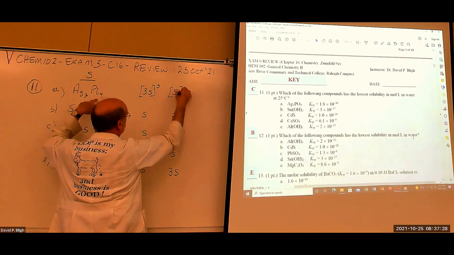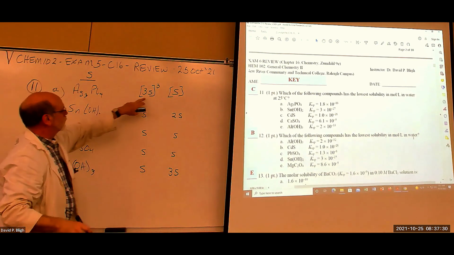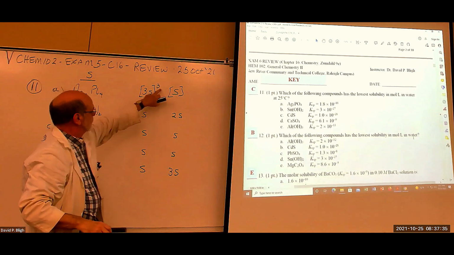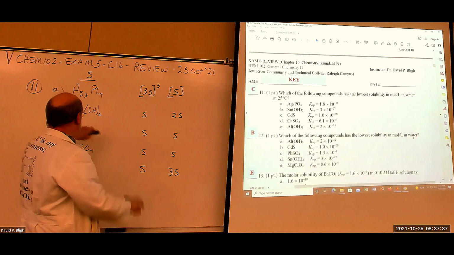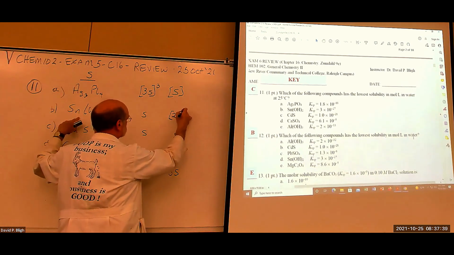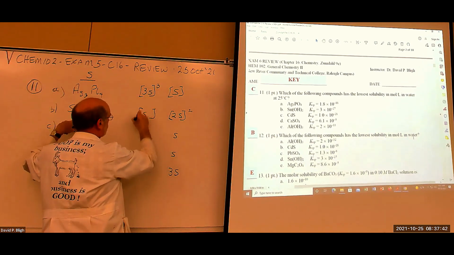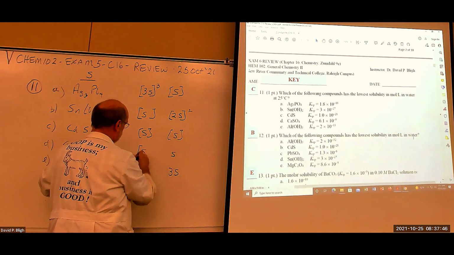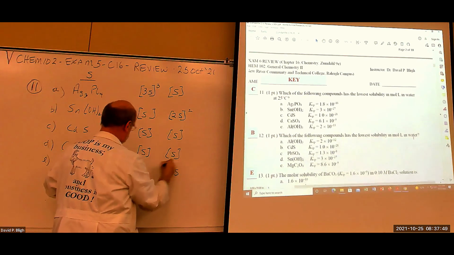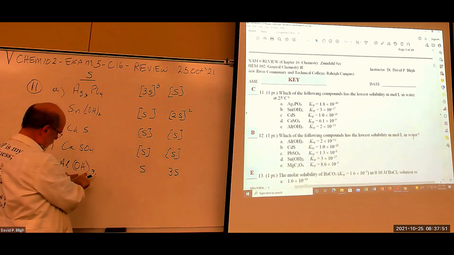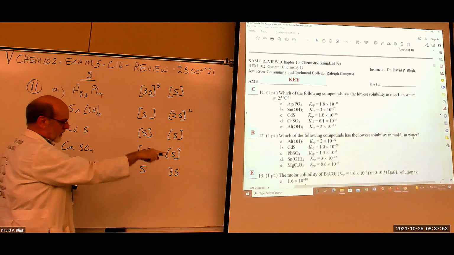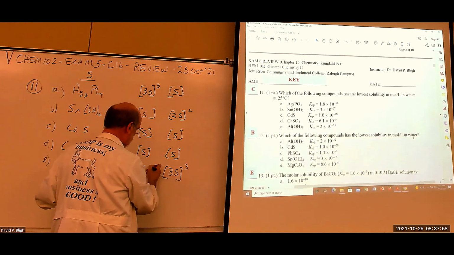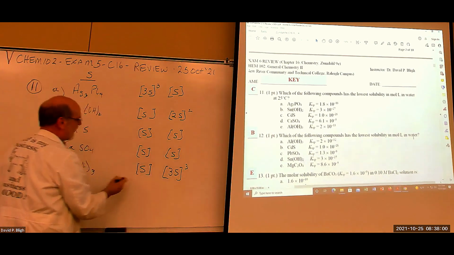And this will be to the first power, because there are three of them. That's the coefficient. This is in terms of the solubility, but that's the coefficient. So this one's going to have a 2 here and a 1 there. This one's going to be singles, singles. This one's going to have 3 of these, 3 OHs on that side. Okay. So there's our pattern.